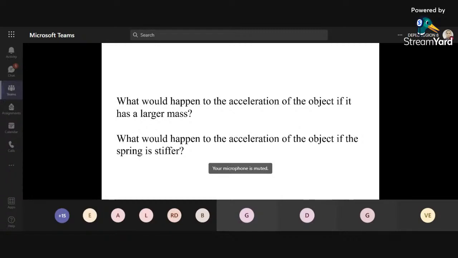Yes. So if the object has a very large mass, of course you will require a very large force in order to accelerate it. So tungod kay kinahanglan magkag larger mass, so what would happen to the acceleration? Kay tungod kay dako man ang iya mass. Okay, is it slow or very fast? Is it slow, sir.